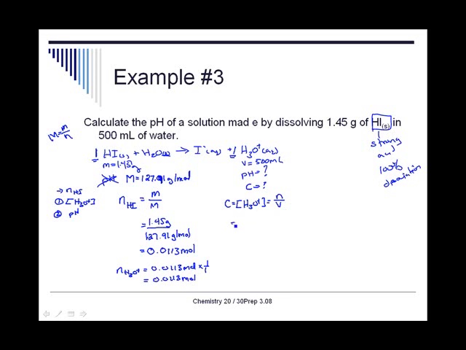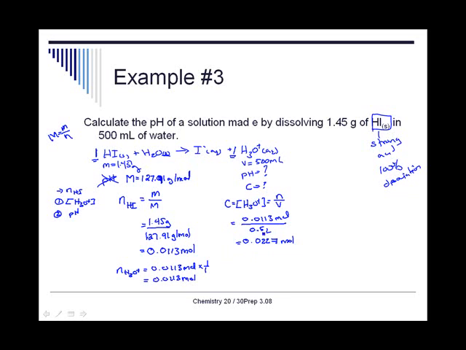So we get the number of moles, 0.0113 moles. Our volume of water, make sure it's in liters, 0.5 liters. So our concentration is 0.0227. In my calculator, I have used the full number the whole time.